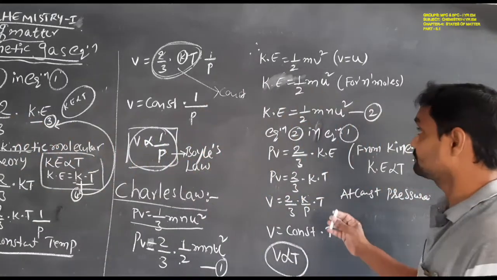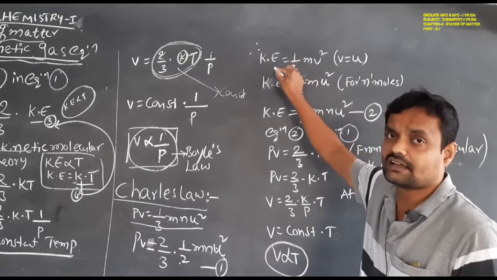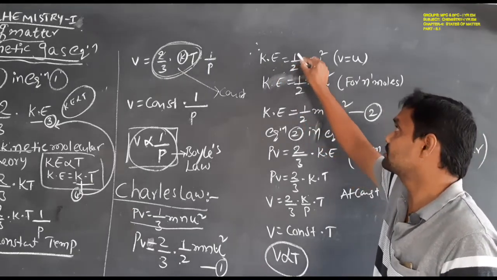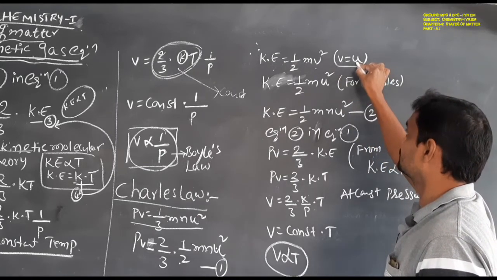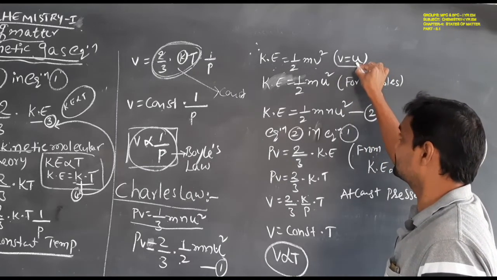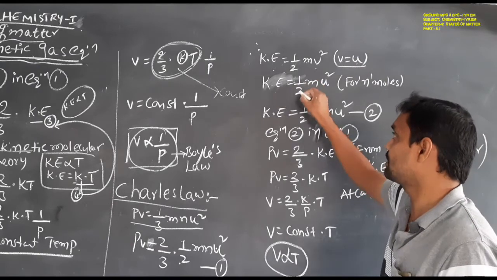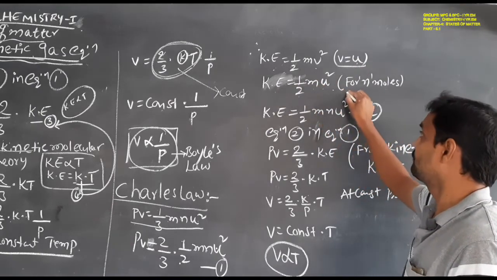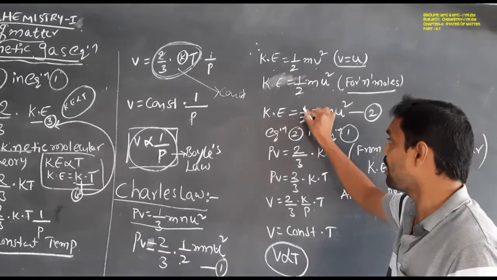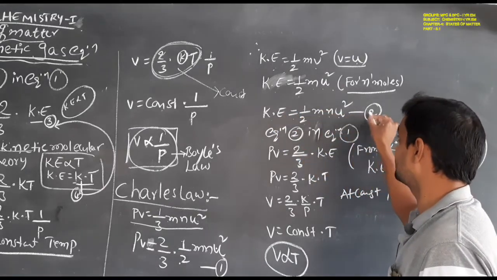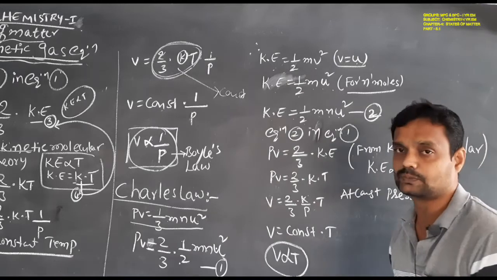Then the kinetic energy equation, already we know K equals half mv square. In place of v, we substitute the RMS velocity u, then K equals half mu square. So for n moles, the kinetic energy equation is K equals half mn u square. Let this be equation 2.